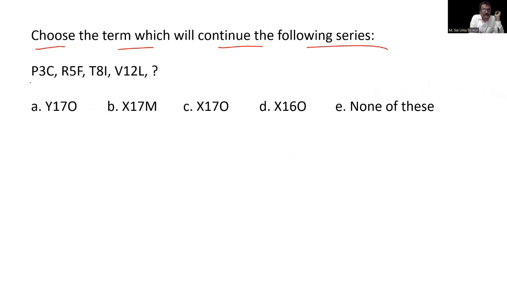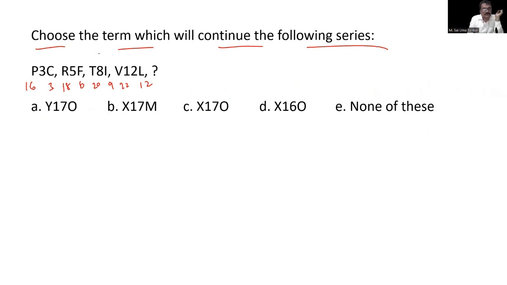P stands for 16, E stands for 5, C stands for 3, R stands for 18, F stands for 6, T is 20, I is 9, V is 22, and L is 12.